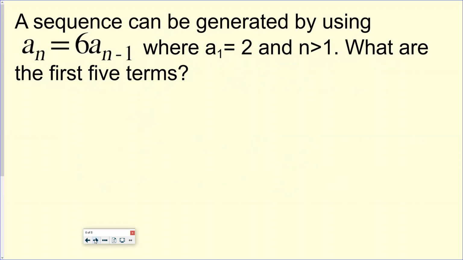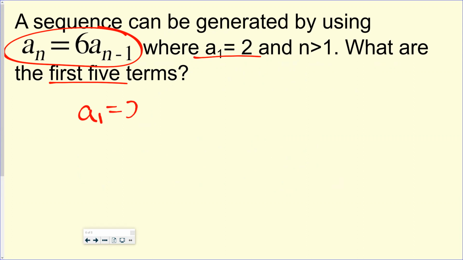All right, so sometimes they're going to give us the rule and ask us to come up with the list of numbers. So for instance, they gave us this rule here. They told us they wanted the first 5 terms, and they gave us A1. So A1 equals 2. I need A2, A3, A4, and A5.